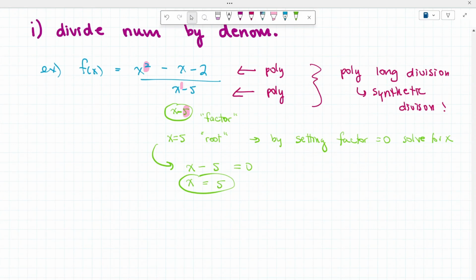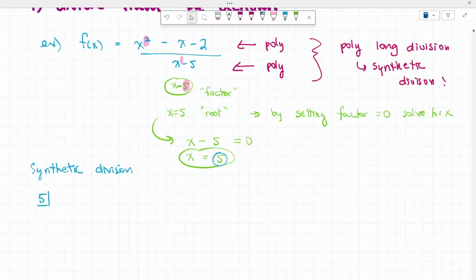So what we have to do here is take our root and use that in our synthetic division. So let's write a little synthetic division in this corner. You take that root and put it in your top corner. Then from there, you grab all the coefficients of the polynomial in your numerator, so all the coefficients from up here.